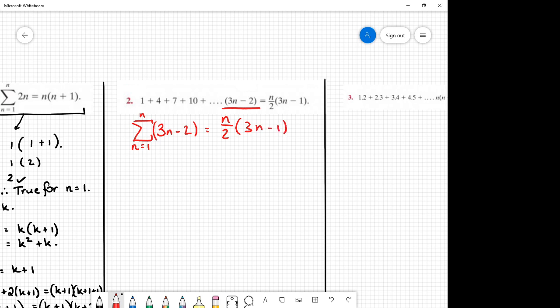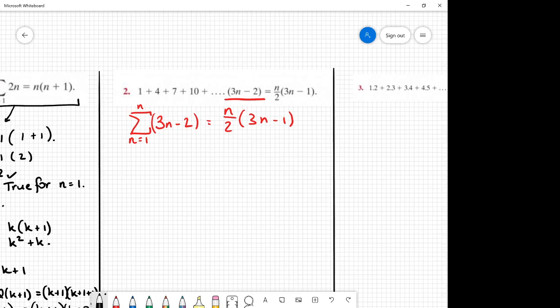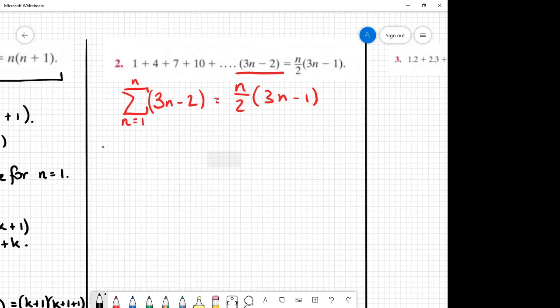And again, it starts off the exact same way. Prove that it's true for n equals 1.